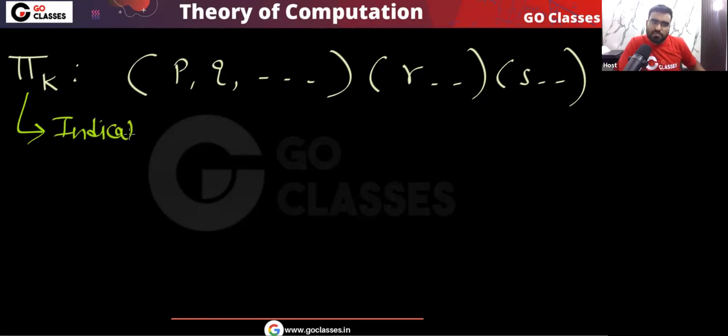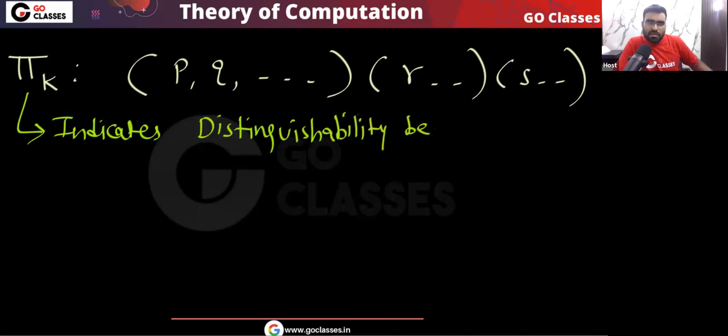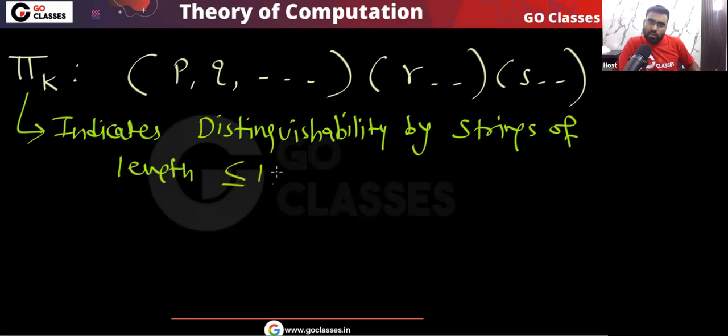This indicates distinguishability by strings of length at most k. Okay, clear?